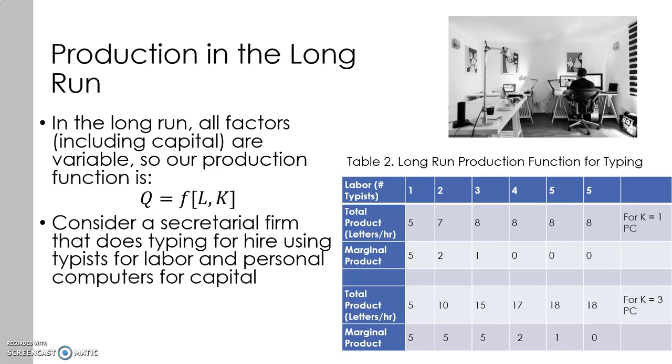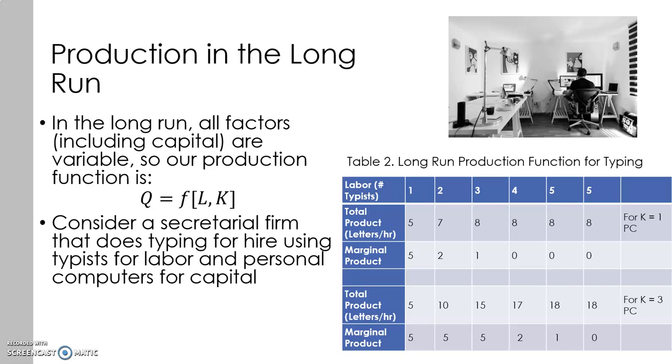She's not going to be typing on 2 separate computers at a time, is she? I mean, come on. But if we have 3 PCs, we can hire a second worker to operate that second computer, get 5 letters out of that worker. Hire a third worker, get 5 letters out of that worker. So our marginal product stays the same for the first 3 PCs.